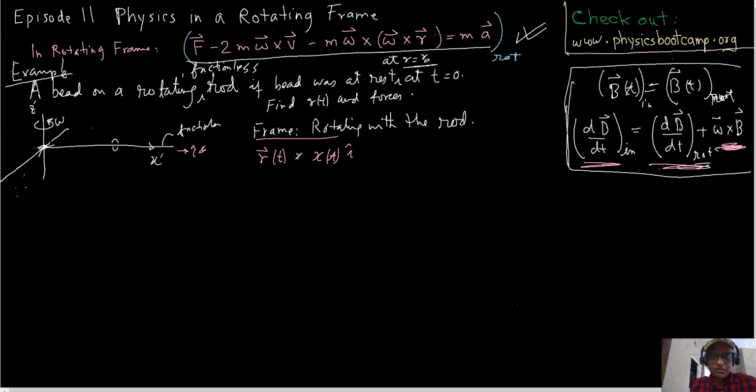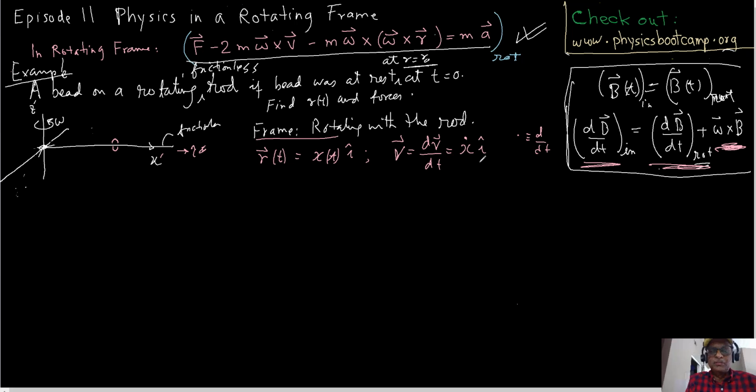Okay, so I have this, and if I do the velocity, which is the same as the velocity in the rotating frame, this will just be x dot, or dx/dt, times i hat.